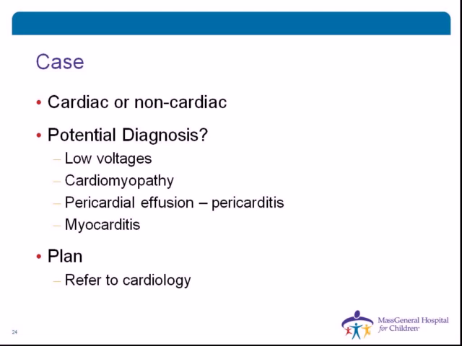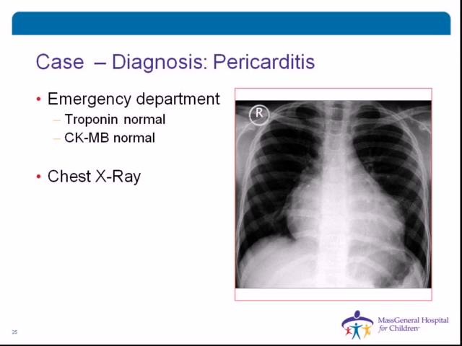This patient was referred to pediatric cardiology in the emergency department. A chest X-ray was obtained, which showed striking cardiomegaly. To evaluate the potential of myocarditis or myocardial injury, secondary to a viral infection of the heart, troponins were sent and they were normal, as was the creatine kinase with MB fraction.